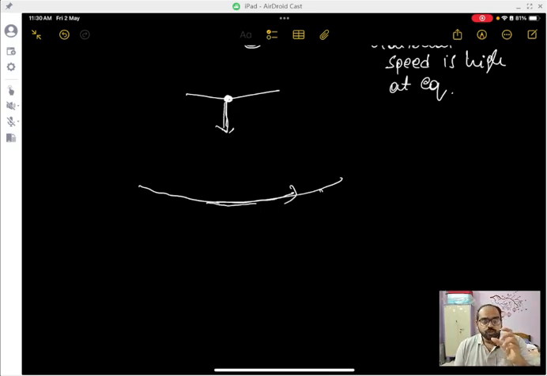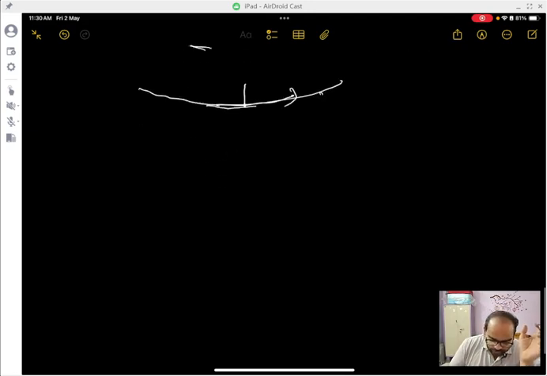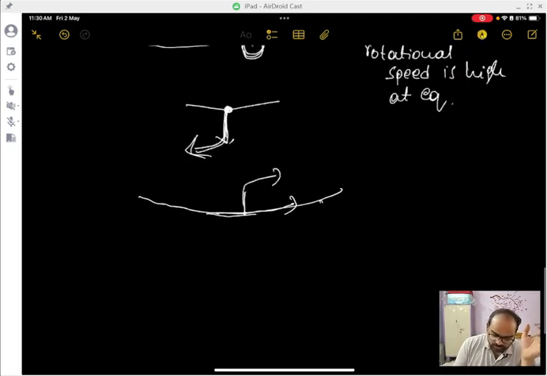Due to less rotational speed at the higher latitudes, it deflects behind the equator. So it deflects rightwards. Okay, and whenever wind travels from equator to poles, due to more speed at equators, it deflects ahead, that is right.